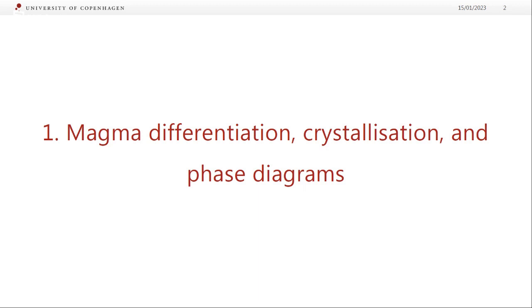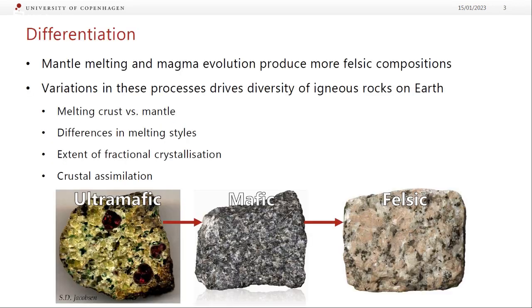So starting off really broad, the concept of differentiation is just this idea that as we melt the mantle and magmas crystallize and evolve, or even as we melt the crust, we are gradually producing more and more felsic compositions from a starting point of ultramafic mantle. And differentiation can be even more broad than this.